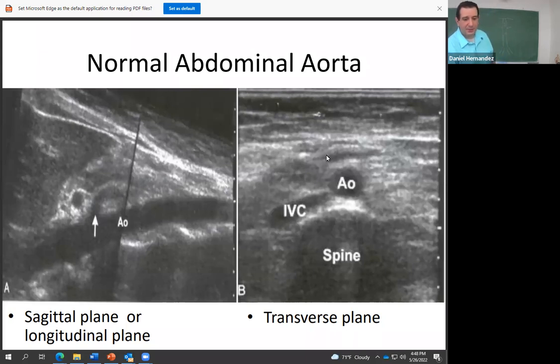And now this is a transverse view. You can also appreciate how close this is in proximity to the spine, how deep it is in relation to the patient's spine. This is most likely a more proximal segment.